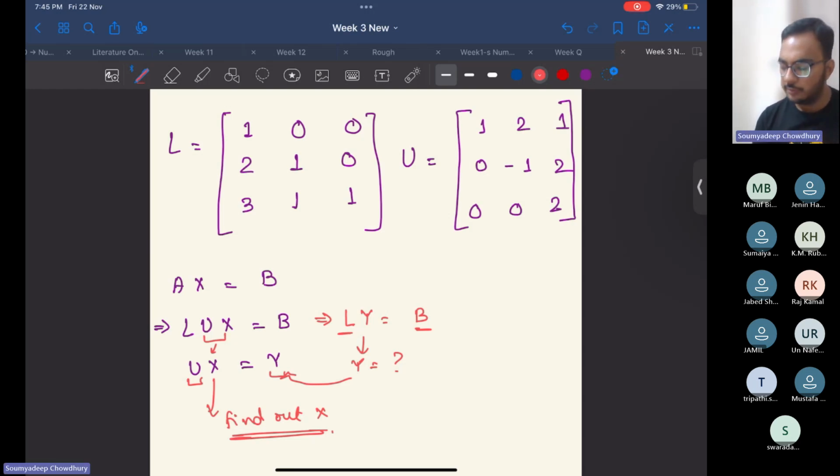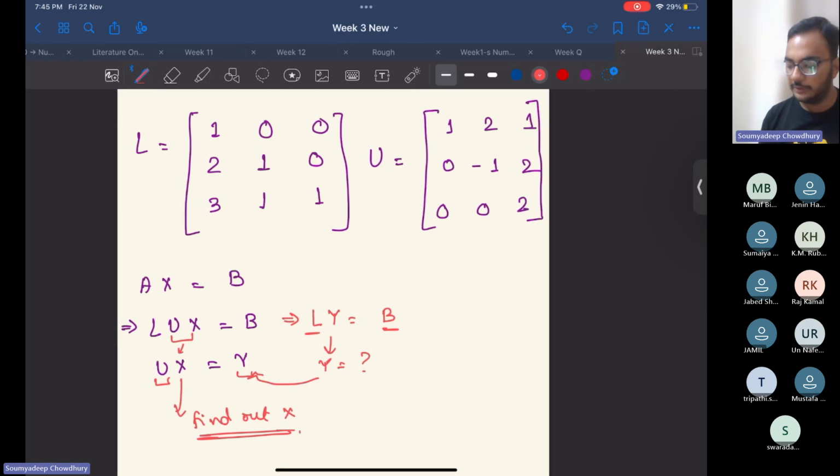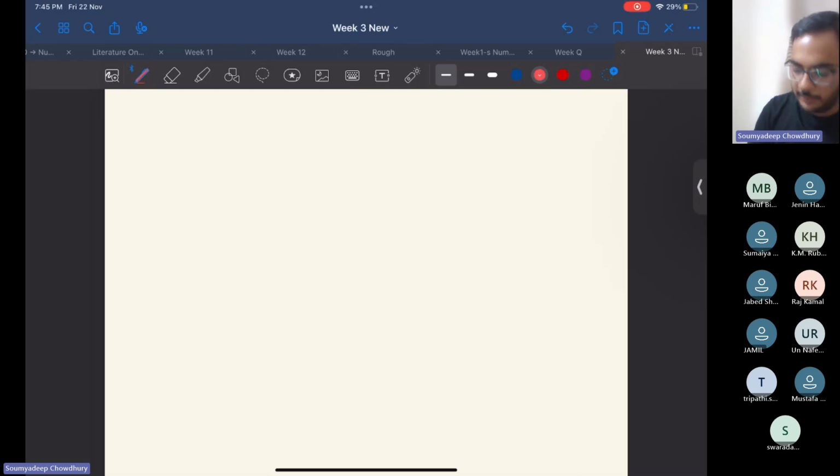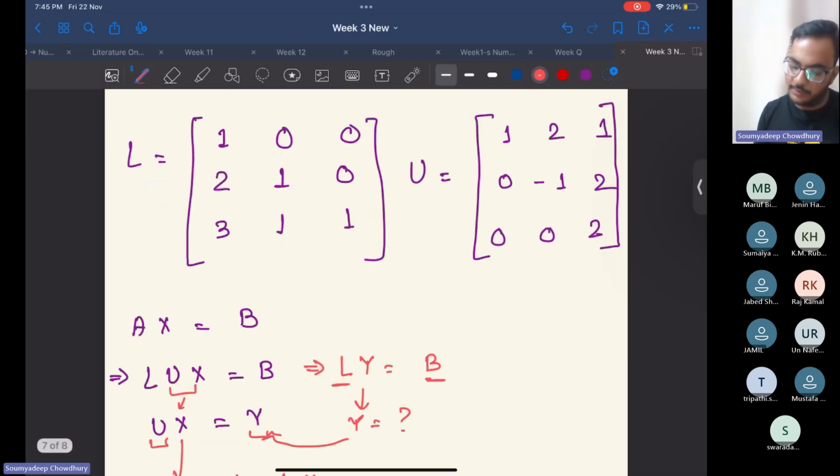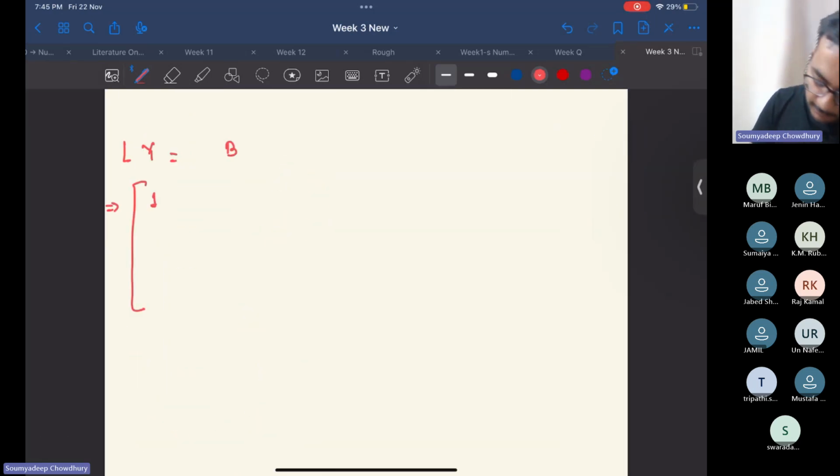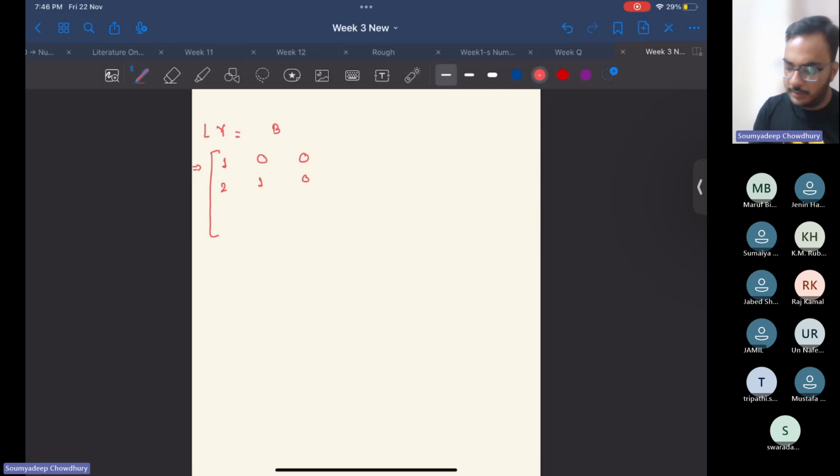Okay, so we'll find out first Y, right? So we have LY equals B. So what is my L matrix? 1 0 0, 2 1 0, 3 1 1.